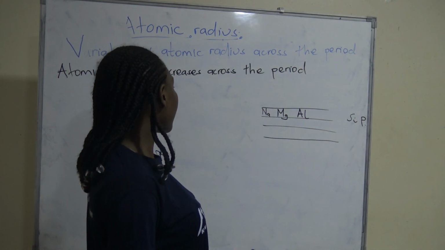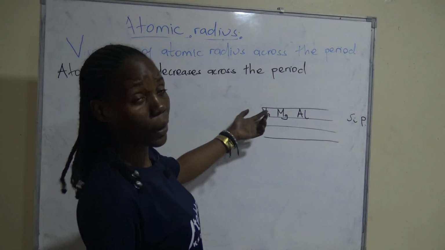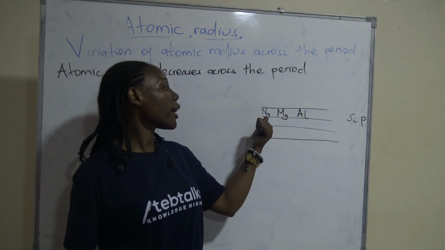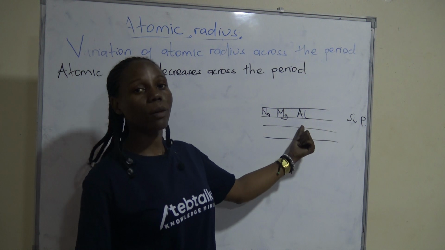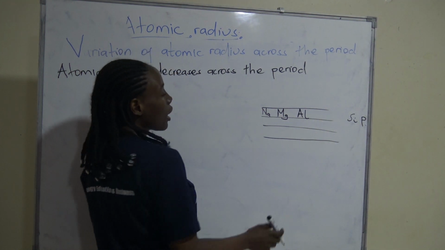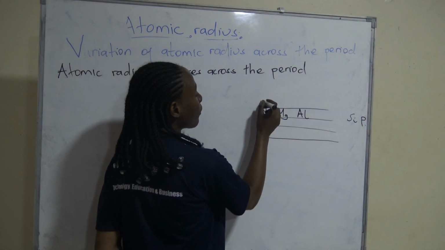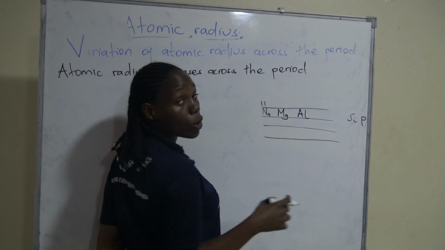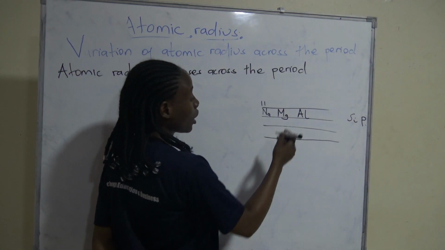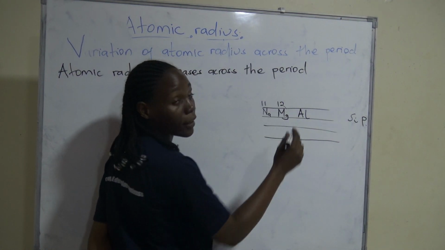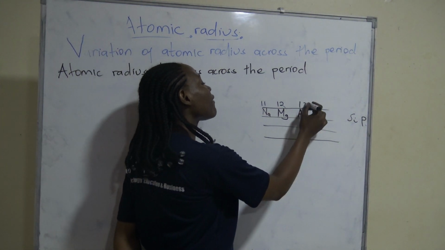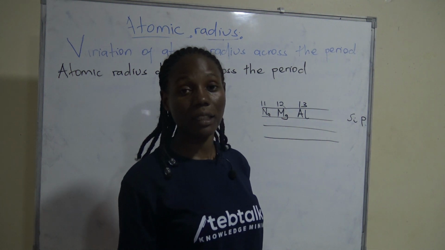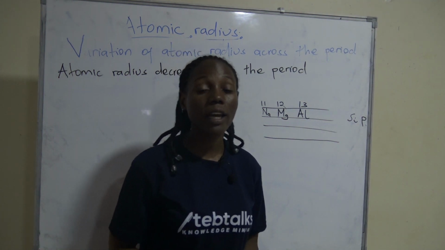I'm taking an example around period 3, where we have sodium, magnesium, and aluminium. Sodium has 11 electrons or 11 protons, magnesium has 12 electrons or 12 protons, and aluminium has 13 protons or electrons.